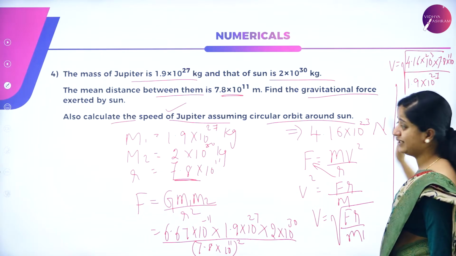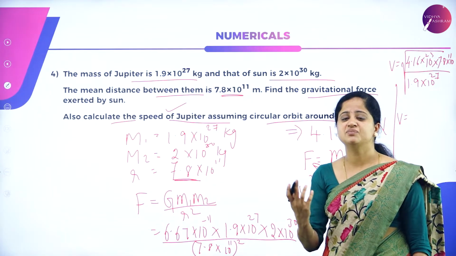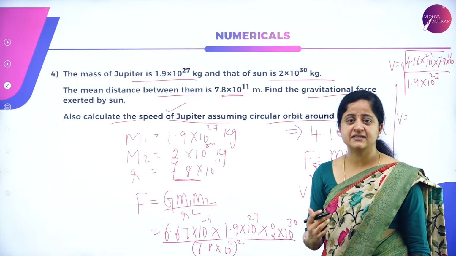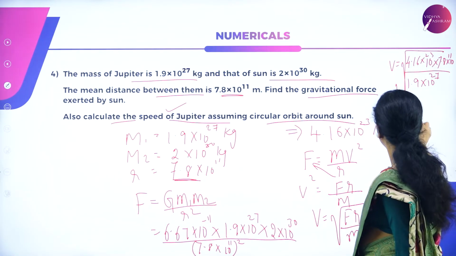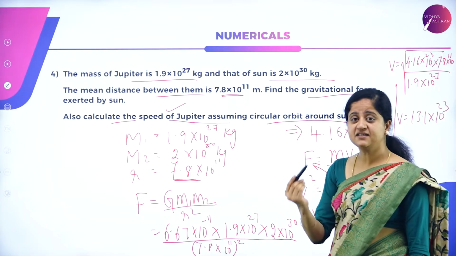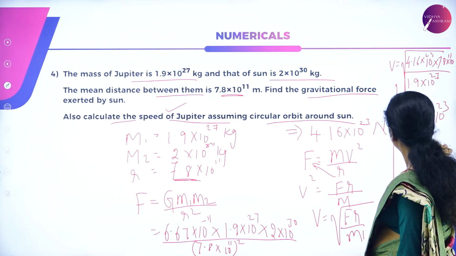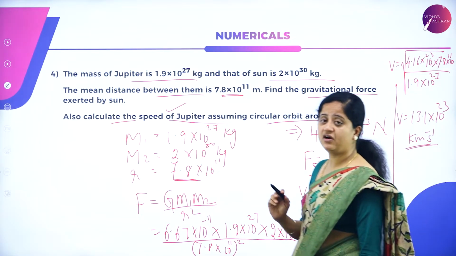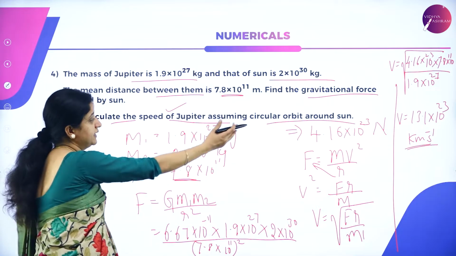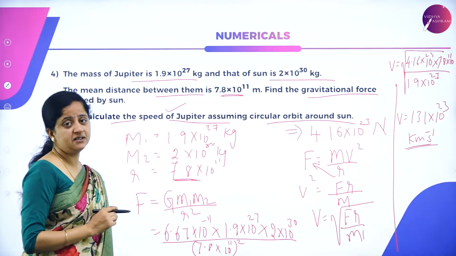Solving this, we get the speed of Jupiter, assuming that Jupiter is in circular motion around the Sun, and the value of v is calculated as 13.1 × 10^23, and since we are calculating the speed, the unit is kilometer per second. So the velocity of Jupiter when it is traveling around the Sun in a circular orbit is 13.1 × 10^23 kilometer per second.